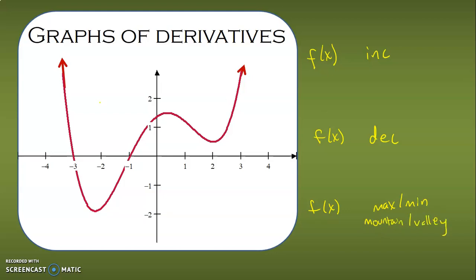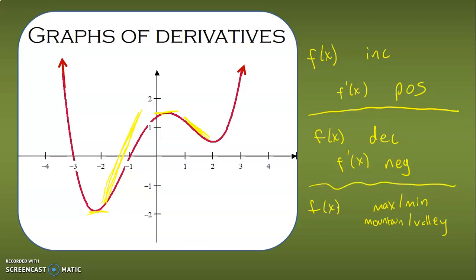All right, so if my original function is increasing, so for example, right here, my original function is increasing on this part of it, the derivative, f prime of x, should be positive. So I know that between here and here, when I graph the derivative, it should be positive. If the original function is decreasing, the derivative should be negative, because if it's decreasing, it's got a negative slope.